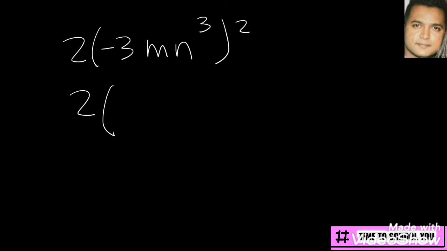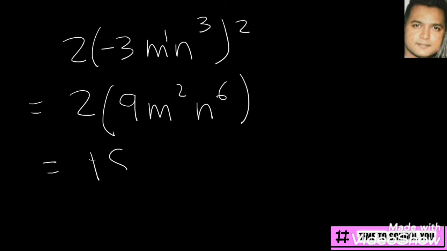That would be 3 squared, which is 9. And m raised to the power 2 is m squared. And n, 3 times 2 is 6. Thereafter we multiply it through and we get 18m²n⁶.